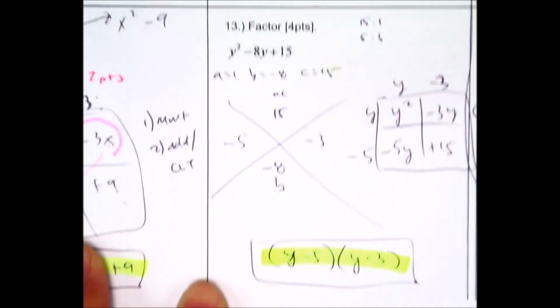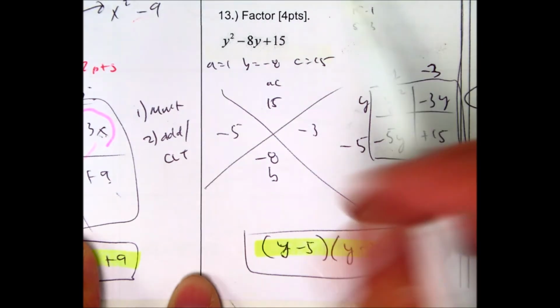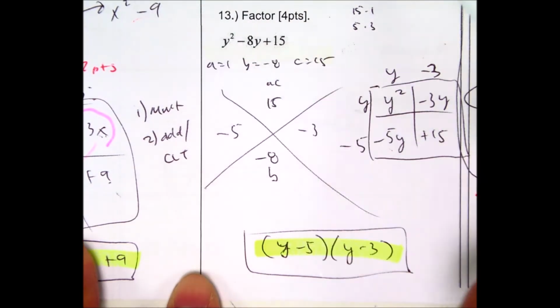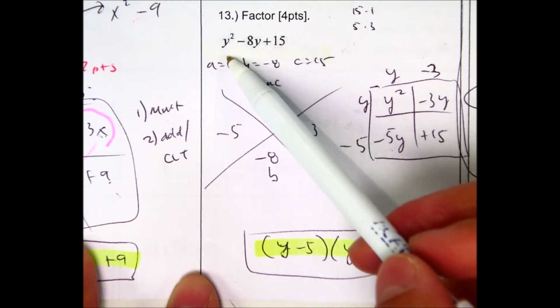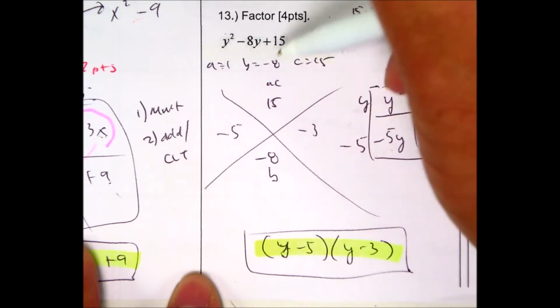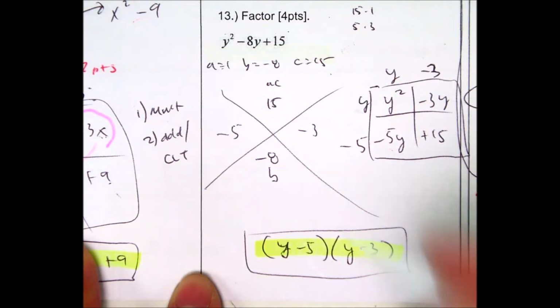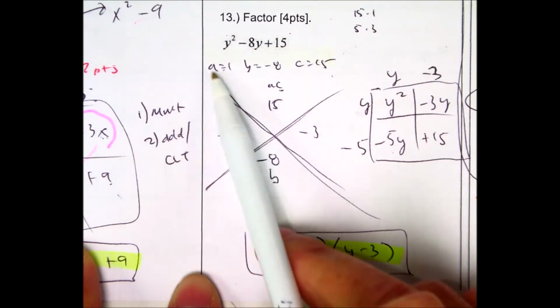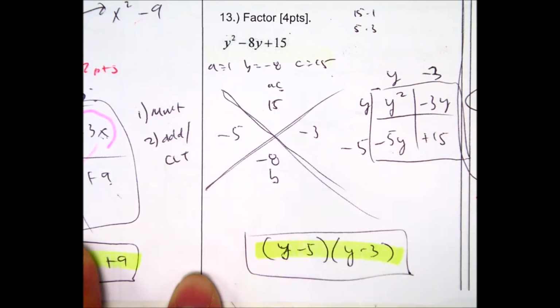And the last question, number 13. This one says factor, and this one has the power of 2. Well, if you factor something to the power of 2, that means you're going to try to use your x box. A value is 1, b value is -8, c value is 15. Draw your x. A times c in the top, so that's 1 times 15 is 15.